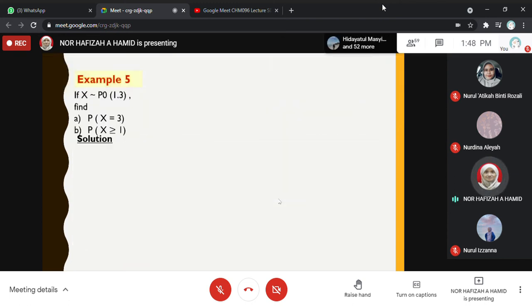Okay, so you can refer to example 5. X is distributed with Poisson 1.3, so you have lambda equal to 1.3. For A, we need the probability X is equal to 3. Substitute X equal to 3 in the formula for Poisson distribution: e to the negative lambda times lambda to the power x over x factorial.